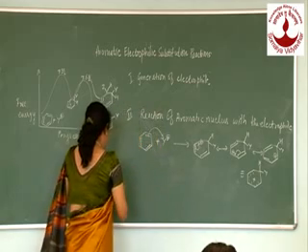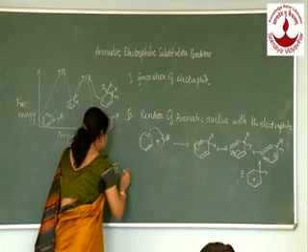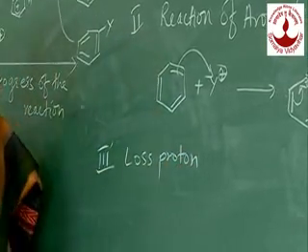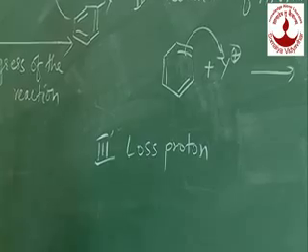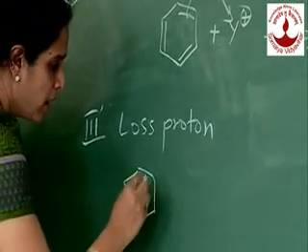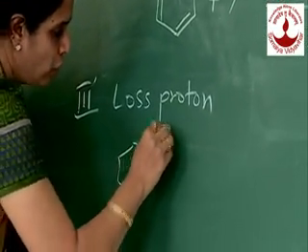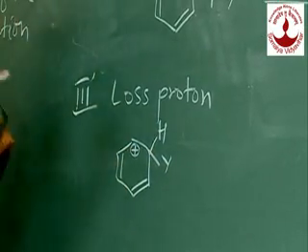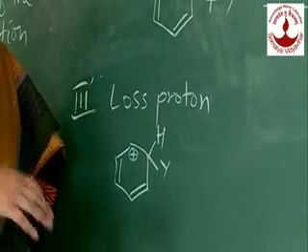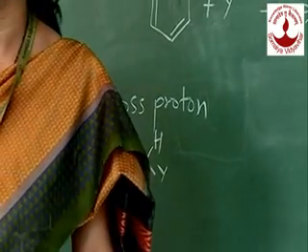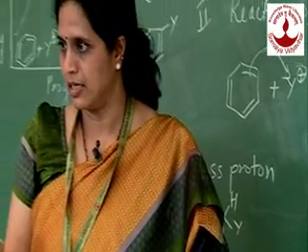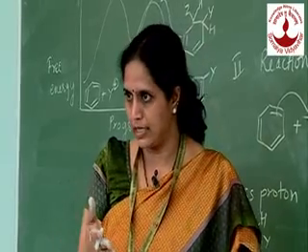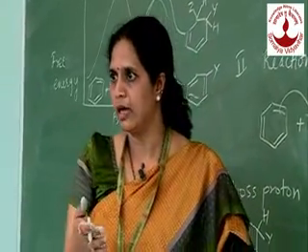The last step is loss of proton. The loss of proton is brought about by the abstraction of proton by the presence of any base which is present in the reaction mixture. For example, in case of Friedel-Crafts alkylation, it could be AlCl4 minus, or in case of nitration reaction, it would be HSO4 minus, bisulfate anion.